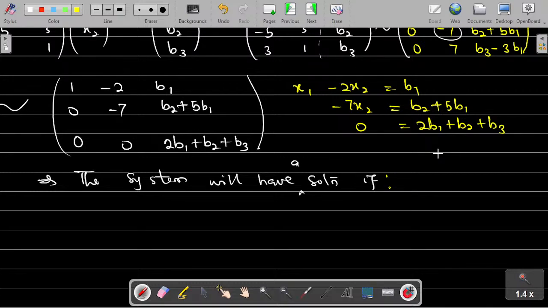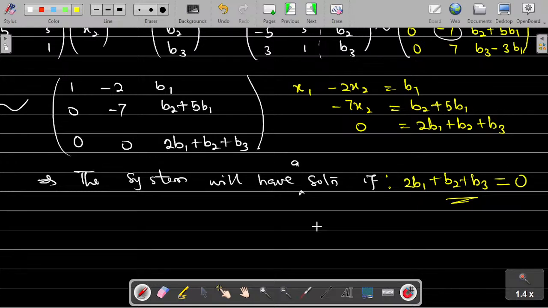But if it is not true, that means the system is inconsistent. It's giving you an untrue equation. So it will only have a solution when 2b1 plus b2 plus b3 is really equal to 0. Okay, that's when you have a solution.